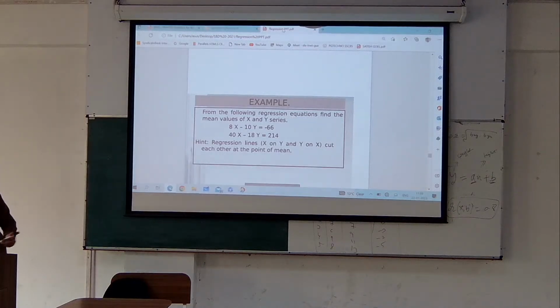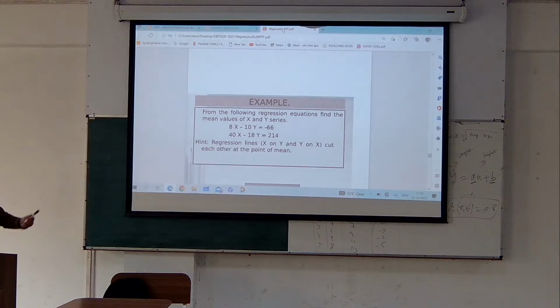So if you have a problem like that, you have two regression equations, because you always have two types of regression equations. Suppose you have to find the mean, because the regression equations have one property: the mean of x and y would pass through both the lines of regression.